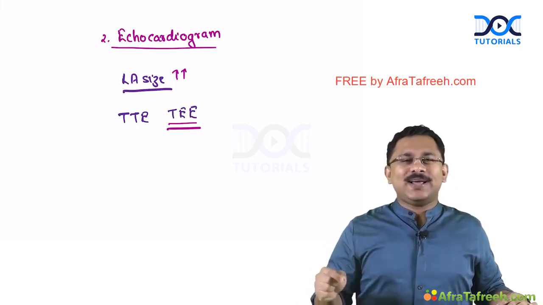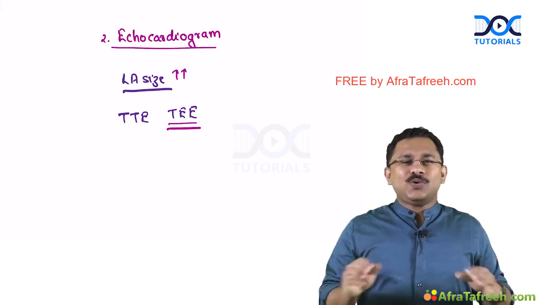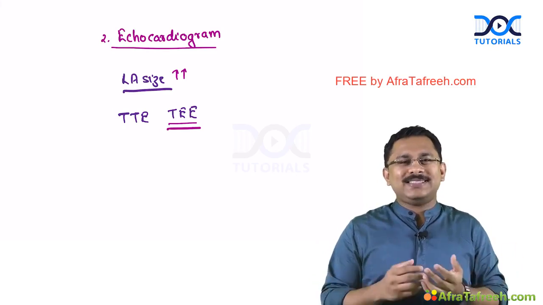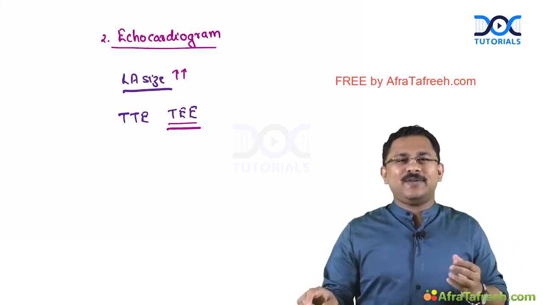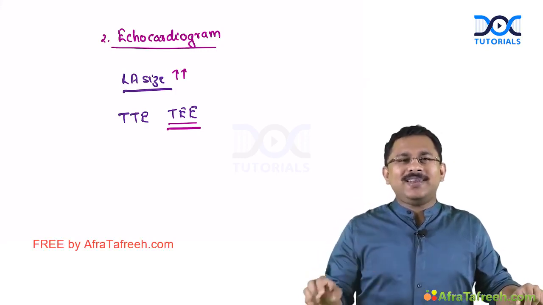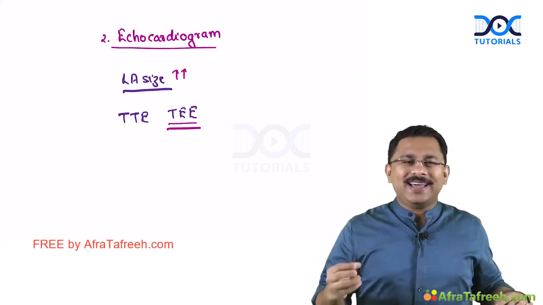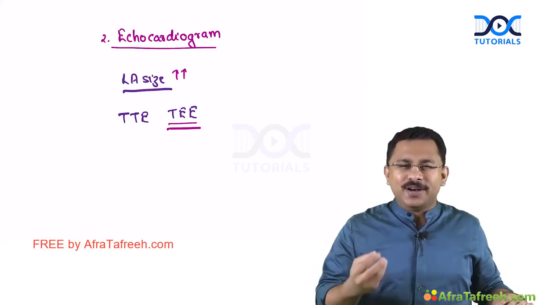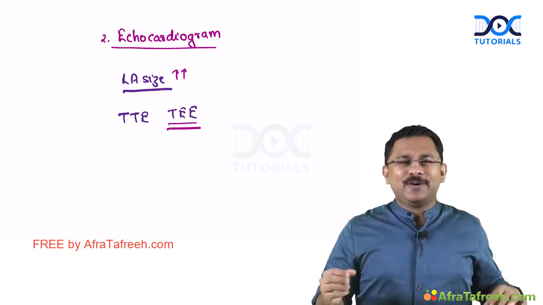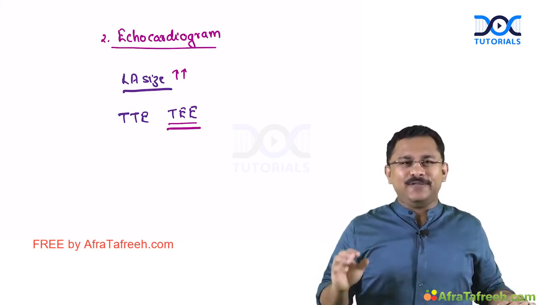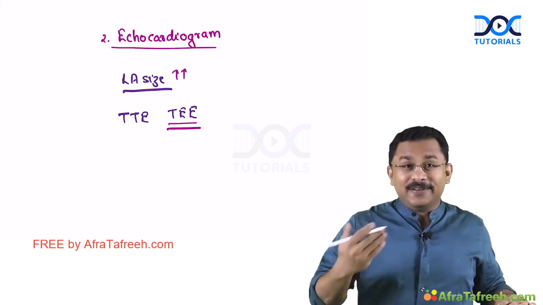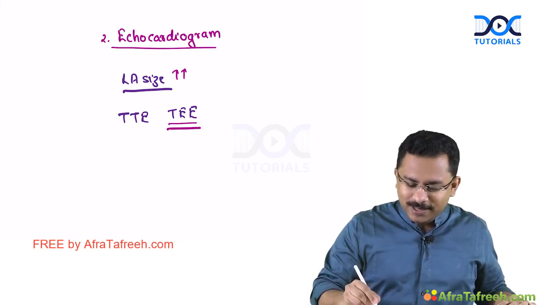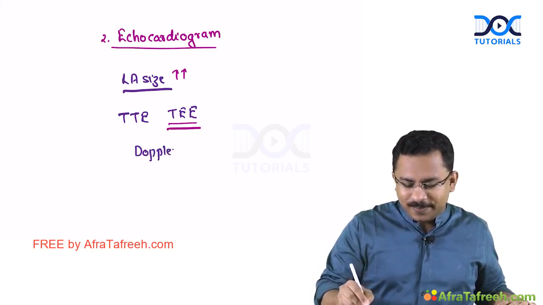So in practice, when the transthoracic echocardiography is providing insufficient or discordant information, then you will rely on the transesophageal echo for the evaluation of the severity of MR, the mechanism of MR, and the status of the LV function. And definitely you can go for a Doppler echocardiography.